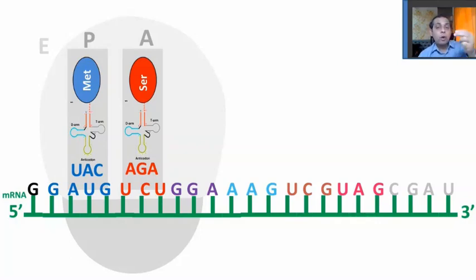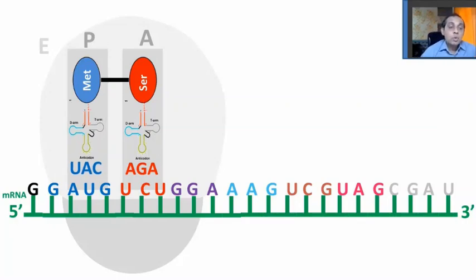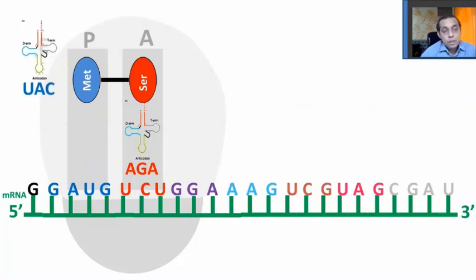So entry from A. Now P site is supposed to make a bond between the two amino acids in the presence of an enzyme, peptidyl transferase. Now here is the bond between the two amino acids. Once the amino acids are transferred, the first tRNA is supposed to exit. So as I said, entry from A, P will make the bonds and E will be for exit.